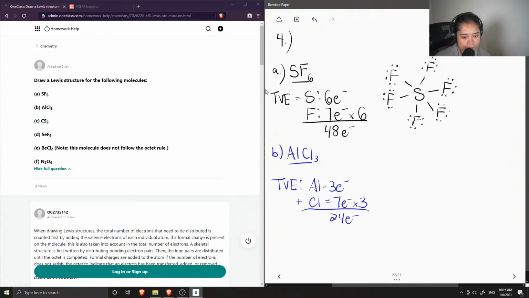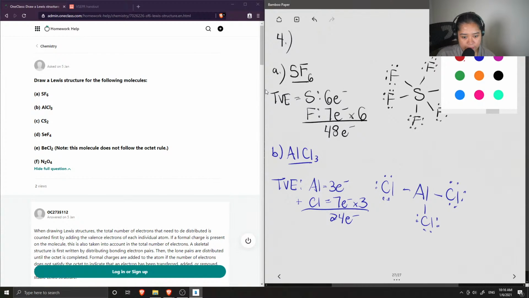Now let's draw aluminum as our central atom and the 3 chlorine atoms around it, showing all of their lone pairs. If we count how many electrons I've drawn so far, 2 in each bond, this is already 24, so we don't need to add any additional lone pairs on aluminum. And that is the Lewis structure.